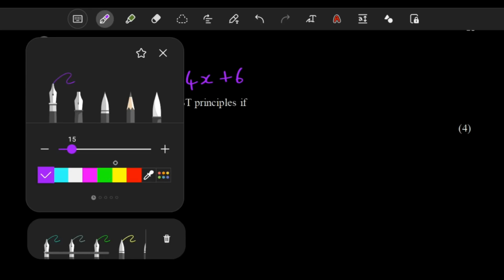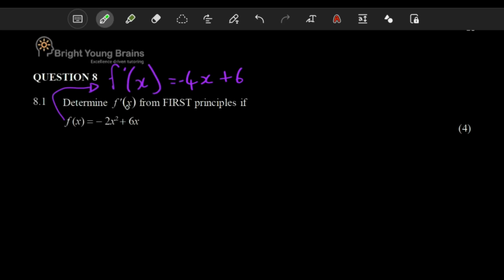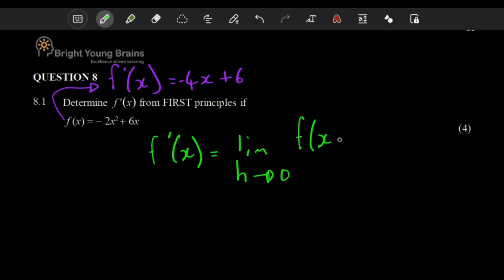So they say that we should determine the first derivative from first principles. Anytime they ask that, it just means you have to write down your first principles formula first. And this formula, you will get it directly from the formula sheet. So if you write it out, the limit as h goes to 0 of f of x plus h minus f of x, over h.